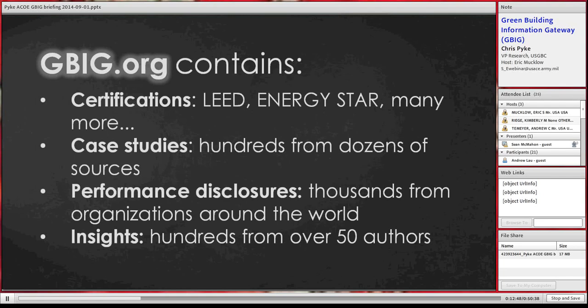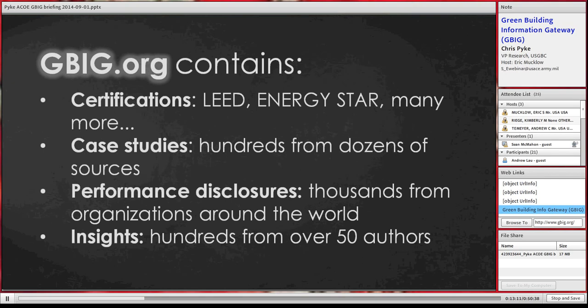First off, I want to talk about content, just to give you a real concrete sense of what's in here. GBIG, although gbig.org is a product of the U.S. Green Building Council, goes far beyond LEED. It contains thousands of certified projects, including LEED, Energy Star, and many more. It includes hundreds of case studies from dozens of sources.